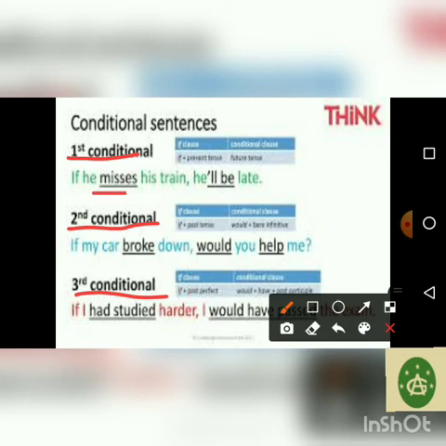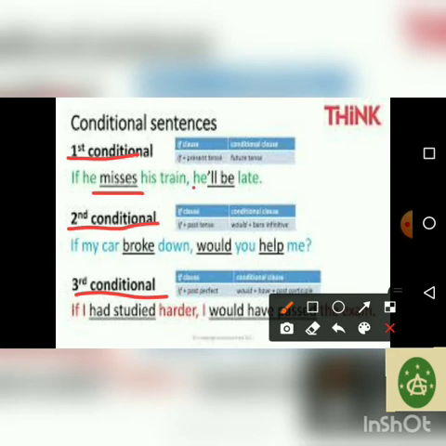If he misses his train, that is simple present tense. If he misses his train. Now the question may be, if you are confused a little bit, why not "if he missed the train"? No, he is singular, so you must have the S form of the verb, that is "misses."